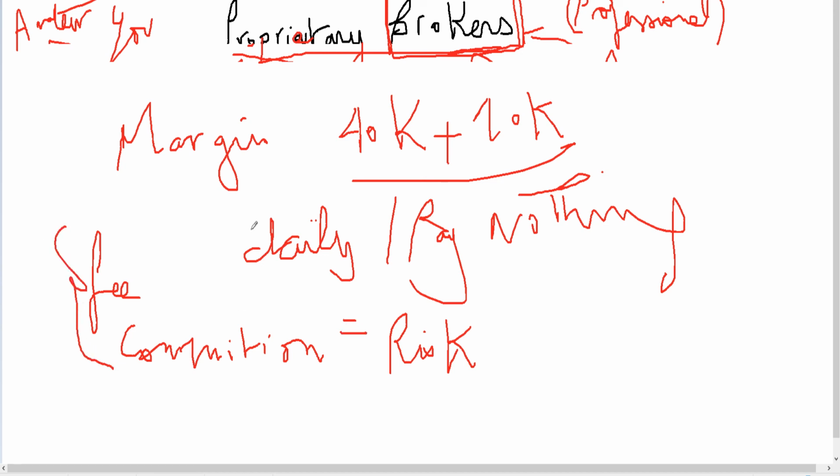So brokers are companies that avoid risk. They don't want to take risk for themselves, but they let other people take risk. So this is the general explanation.